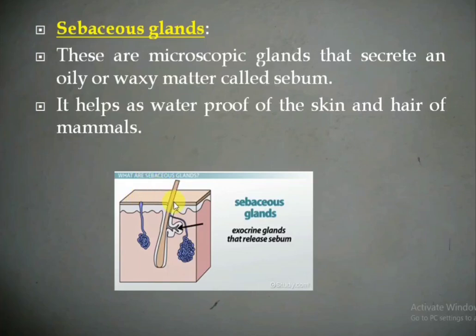Whenever we pour some water on the skin, it doesn't enter the body. Why? Because of the sebaceous gland secretion, sebum, which protects the surface of the skin so water does not enter the body. So it works as a waterproof for the skin as well as for the hair.